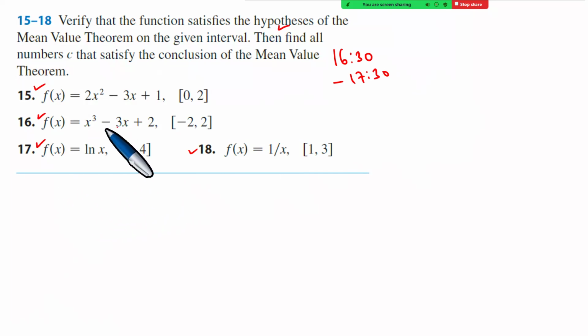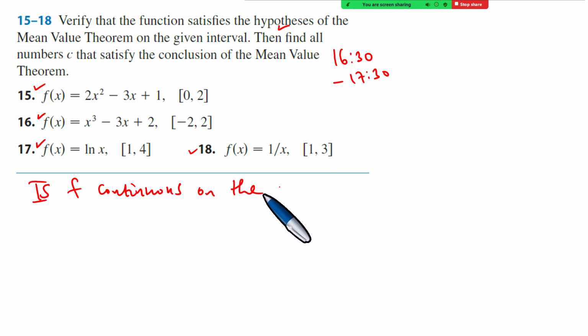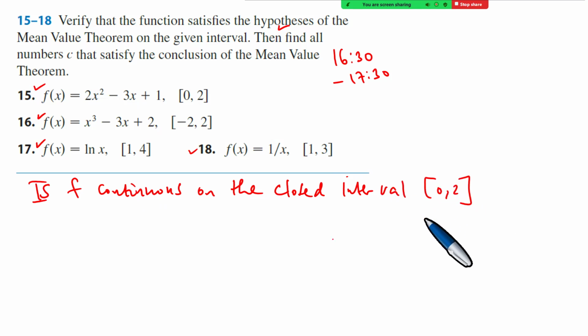We take note of the fact that we must check: is this function continuous? In number 15, we ask the question, is f continuous on the closed interval [0, 2]? That is the question. If you look at this particular function, it is a polynomial.